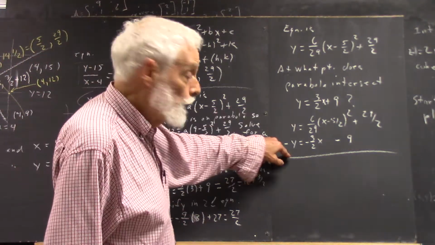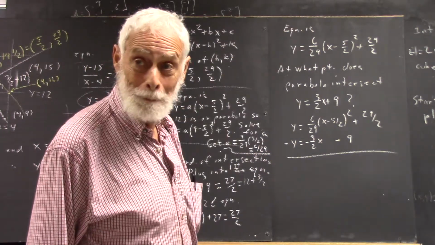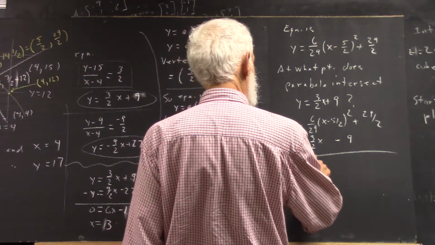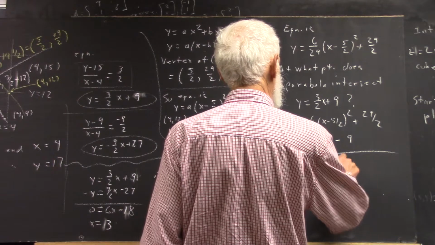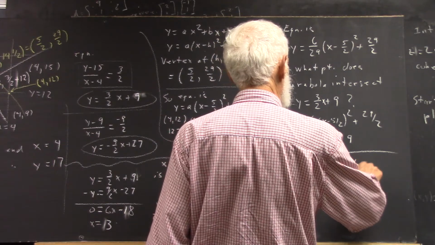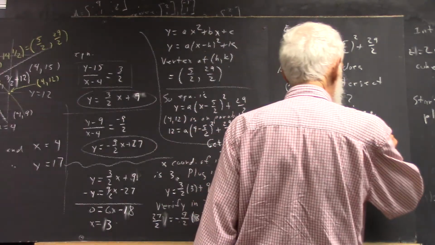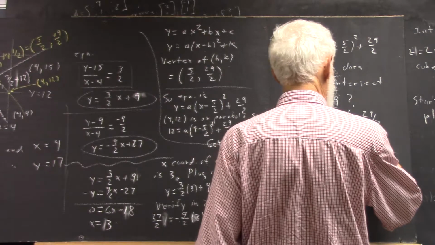If we add these equations, y flutters away into the ozone. And we get 0 equals negative 3/2 x plus 6/29 times x minus 5 halves squared plus 29 halves minus 9. 9 is 18 halves. That'd be 11 halves.